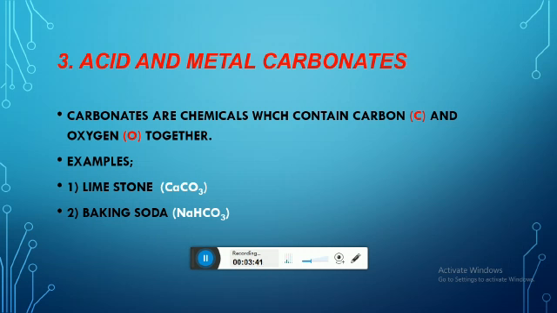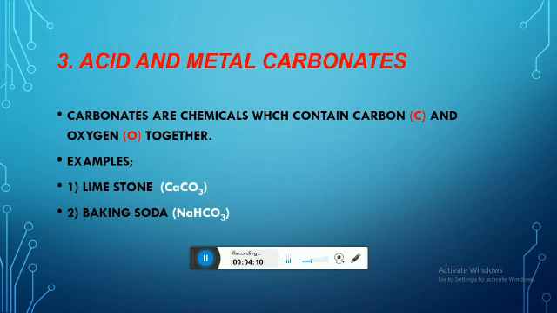Now look at the next, baking soda. Baking soda is sodium hydrogen carbonate. Na stands for sodium, which is a metal, H for hydrogen, C for carbon, and O3 for 3 atoms of oxygen. So carbonates are those chemicals or compounds which contain carbon and oxygen at the same time.